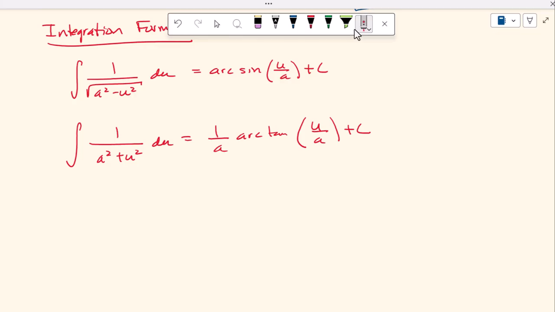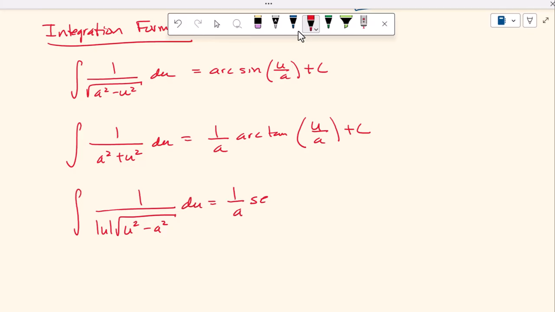And we don't do one for arc cotangent because the only difference would be if I had a negative one here. So the next one that we'll look at is the integral for arc secant. It is of the form absolute value of u in the denominator, u squared minus a squared du. This is going to equal 1 over a arc secant of the absolute value of u over a plus c.